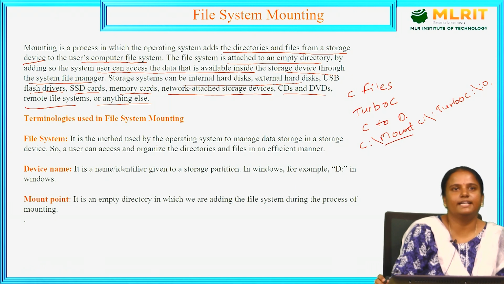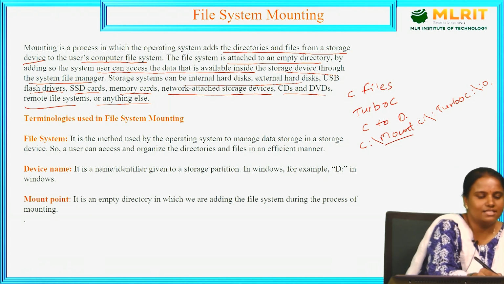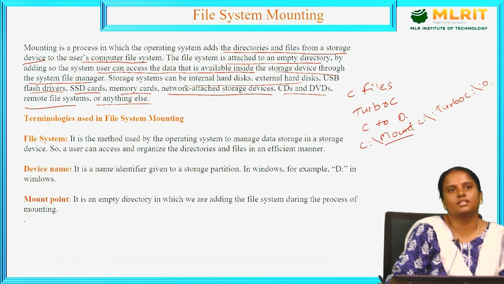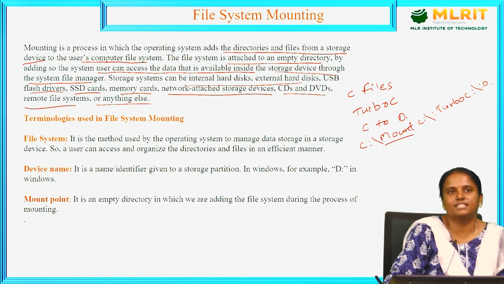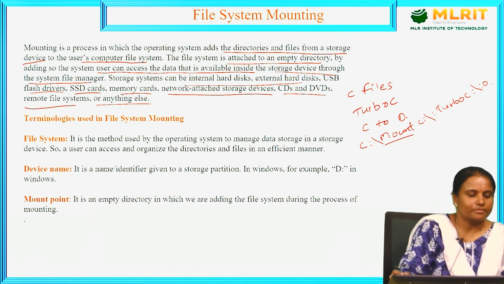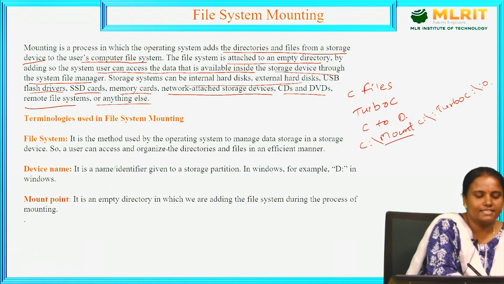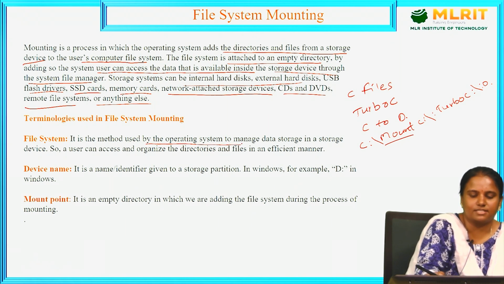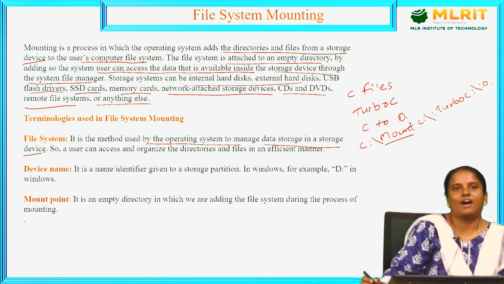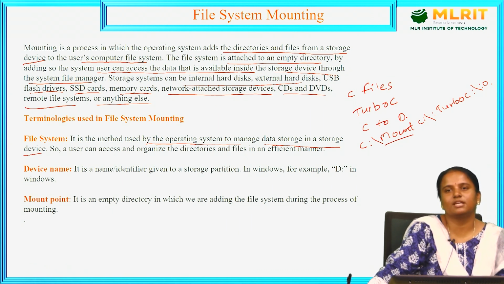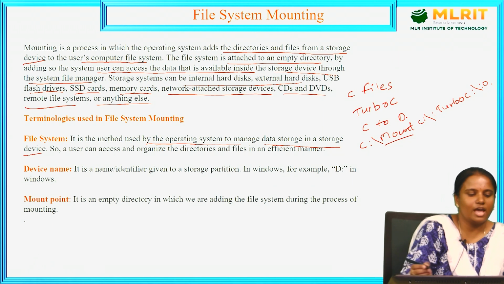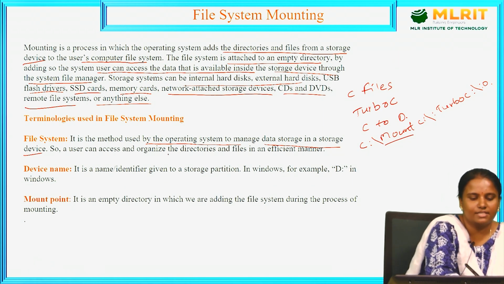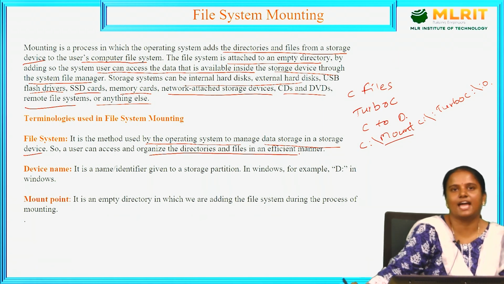Next, what are the terminologies used in file system mounting? There we are using three terminologies: file system, device name and mount point. The file system is the method used by the operating system to manage data storage in a storage device. It manages the data and saves the files in a storage device, so a user can access and organize the directories and files in an efficient manner.